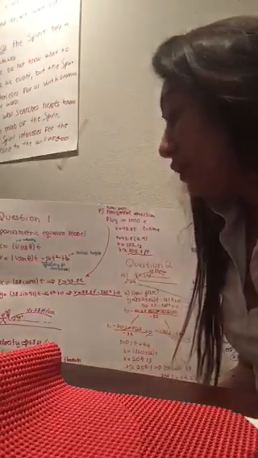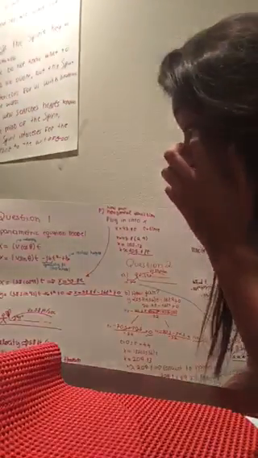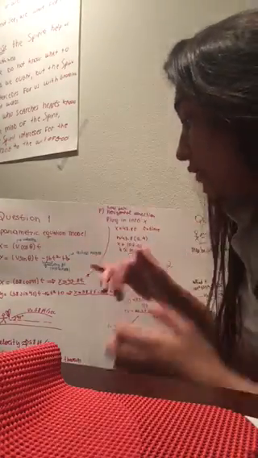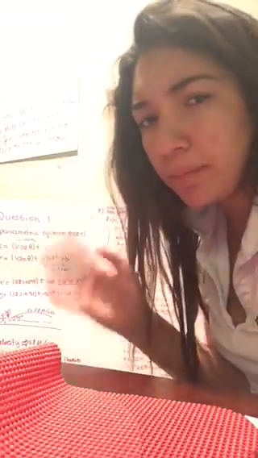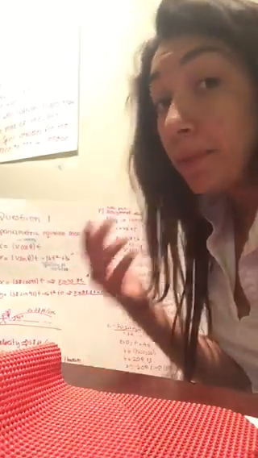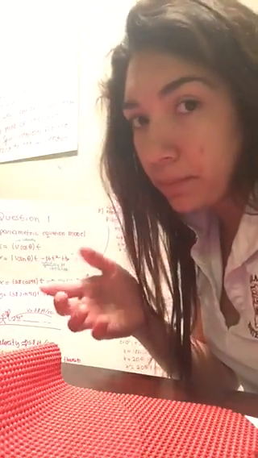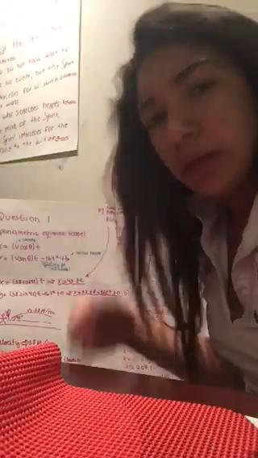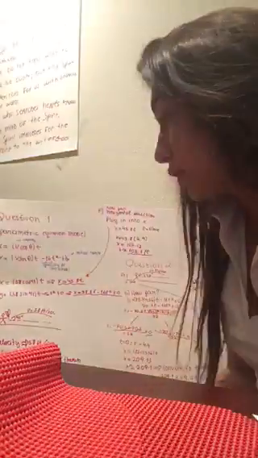Wait, but why is it 16 again? Well, it is gravity when there's no wind, okay? So the initial height is usually going to be 0, most likely. But if you're given it in the problem, you just put the given number in the initial height. Or if you don't see anything, you're just assuming that it's 0.